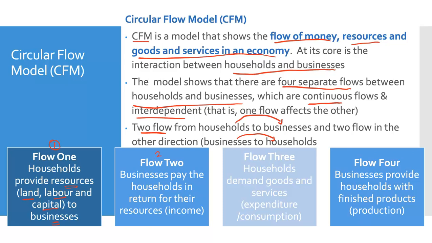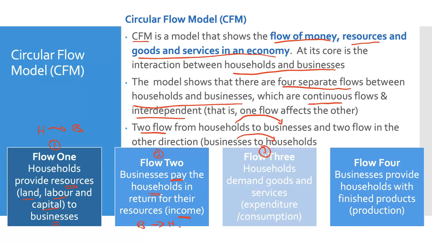The second flow is that businesses use those resources and hence they pay the households in return for these resources. What do households get paid? Income. This one is from businesses to households as businesses pay the households income.